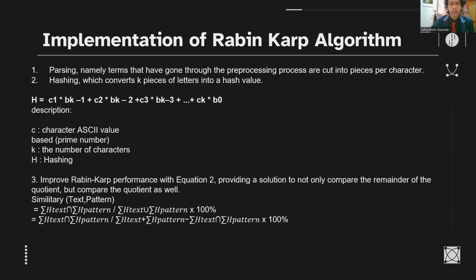The similarity equals sigma h text and sigma h pattern divided by sigma h text or sigma h pattern times 100%, which equals sigma h text and sigma h pattern divided by sigma h text plus sigma h pattern minus sigma h text and sigma h pattern, times 100%.